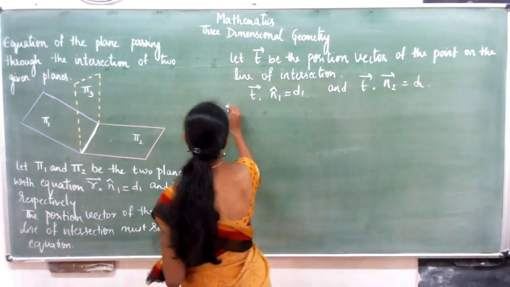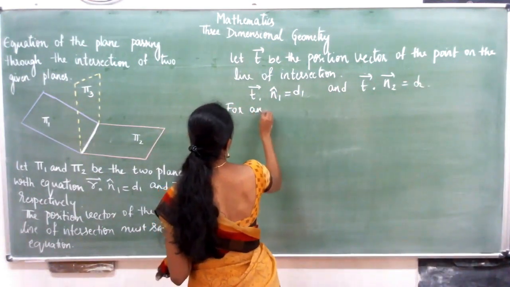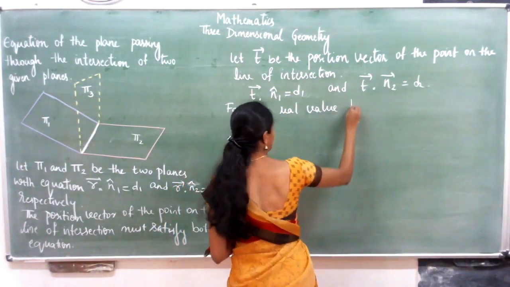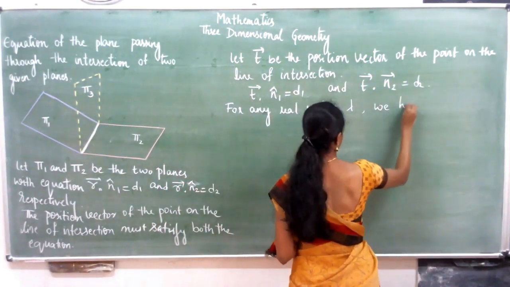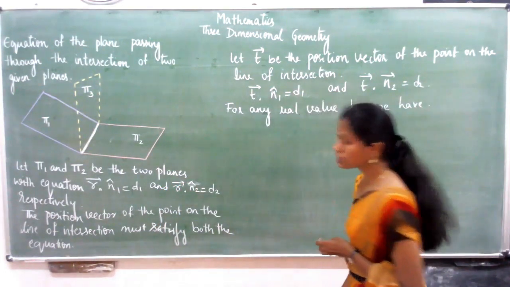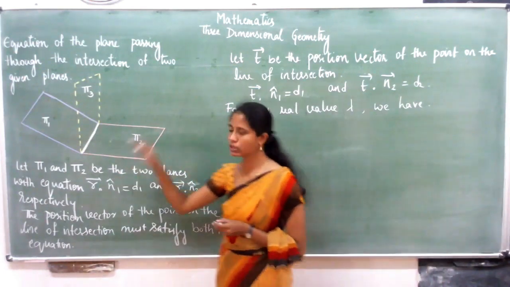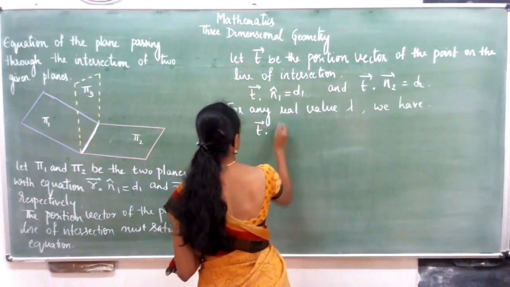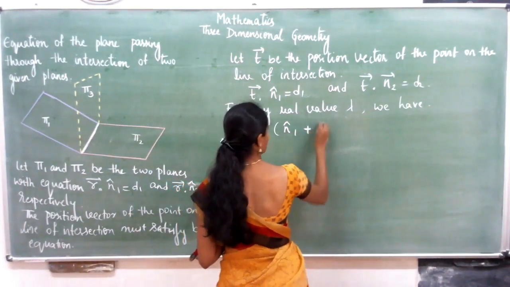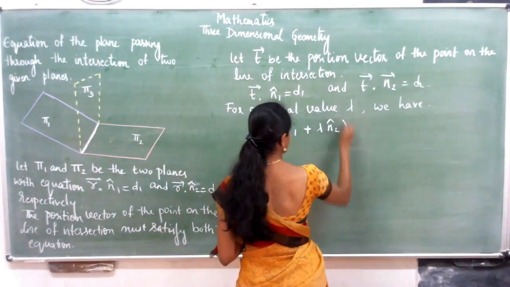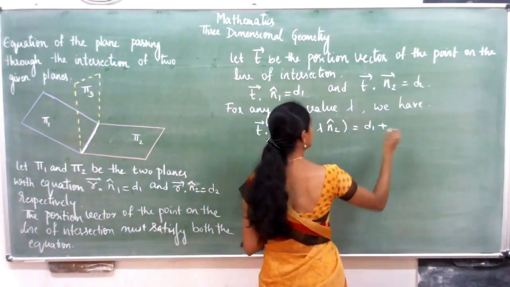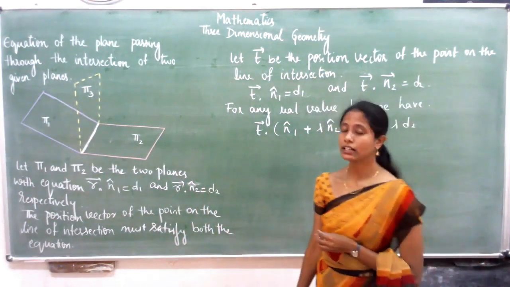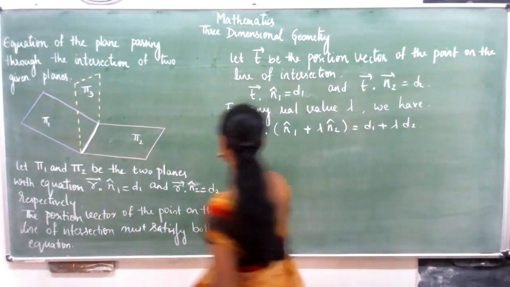Now, therefore, for any real value lambda, since this point belongs to both the planes pi 1 and pi 2, I can write this as vector t dot n1 cap plus lambda times n2 cap is equal to d1 plus lambda times d2. And here t is arbitrary.